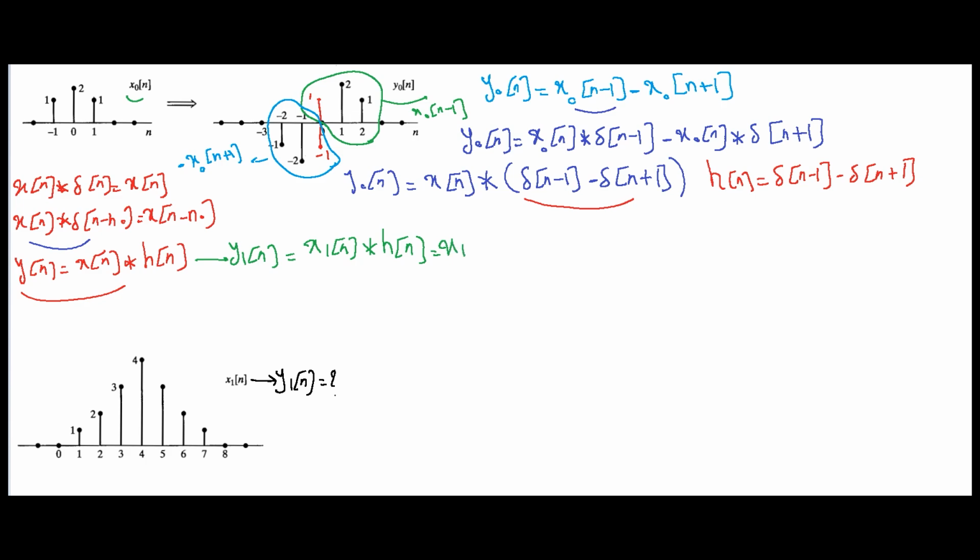Substituting the impulse response, we obtain x1[n] convolved with delta[n-1] minus x1[n] convolved with delta[n+1]. Applying the shifting property once again, this simplifies to x1[n-1] minus x1[n+1].